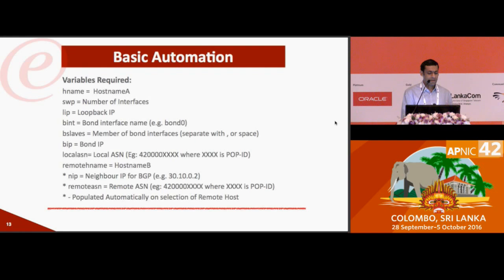We listed down everything from host name, number of ports, SWP, which is Cumulus or Linux's name for switch ports, loopback, and bond interface. Bond interface is the LACP, link aggregation protocol. So we used all that. We gave them this is the information you need in a script, so you just have to enter this information and magic happens.